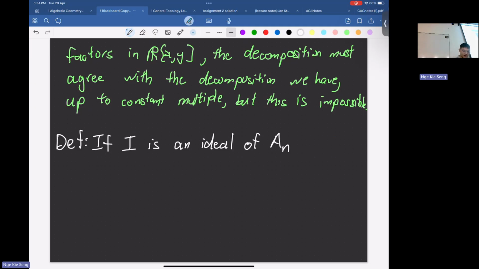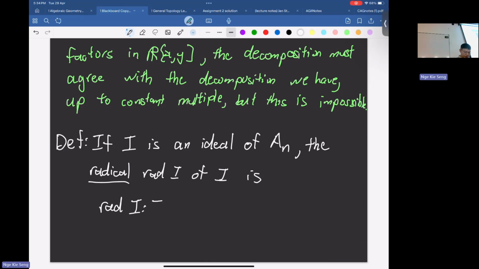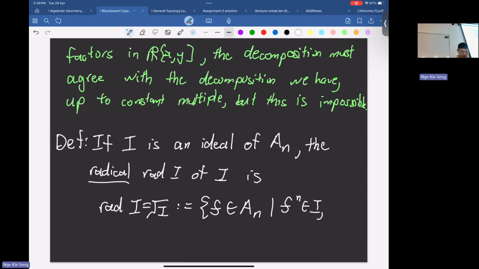So if I is an ideal, then the radical ideal, which we write as rad I, conventionally notated as square root I, consists of the f in the polynomial ring such that f to the power n lives in I for some n.